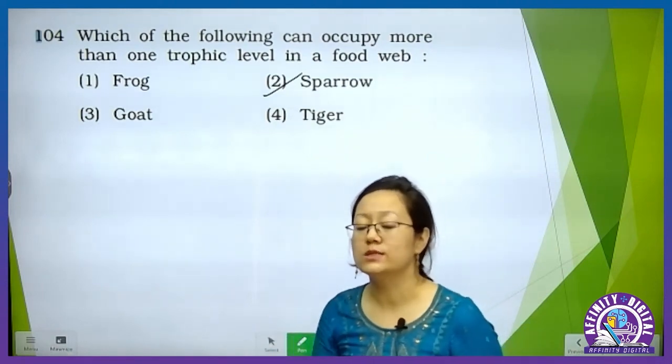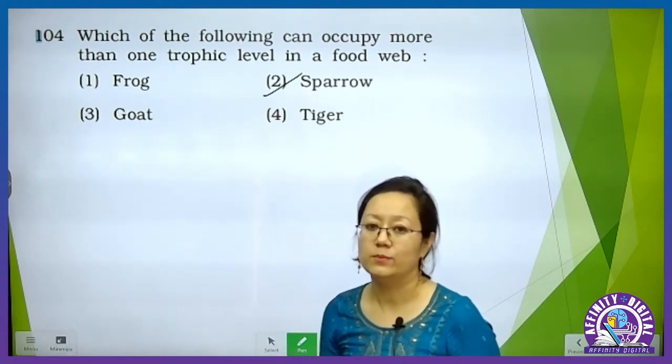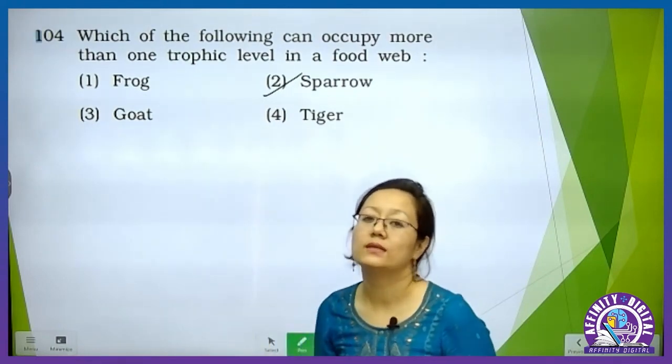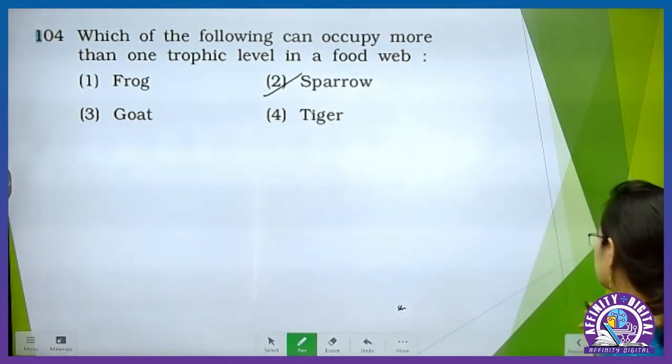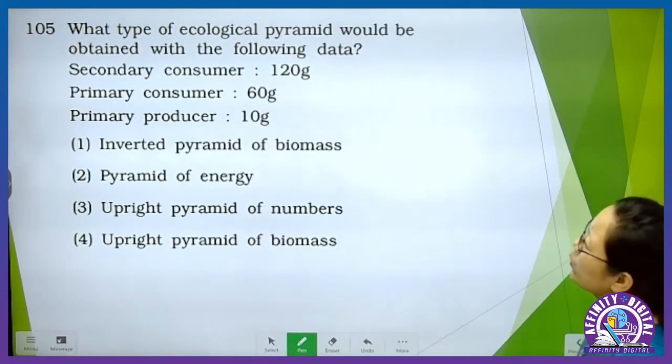And if sparrow consumes insects, then it will come under secondary consumer. That means sparrow can be at the primary consumer level also, and at the secondary consumer level also. So sparrow. 3.